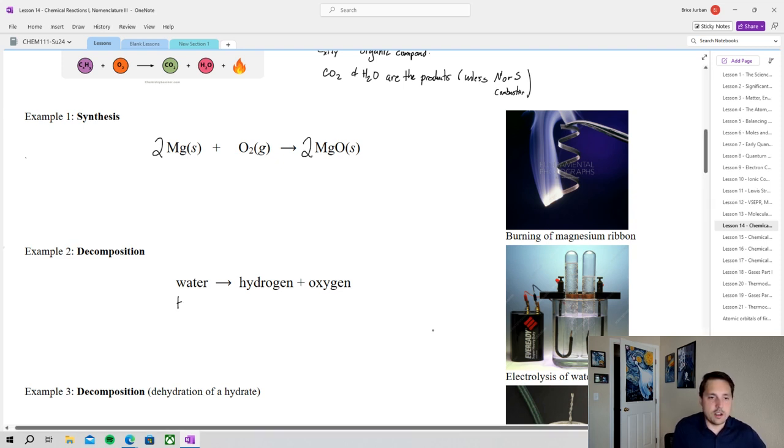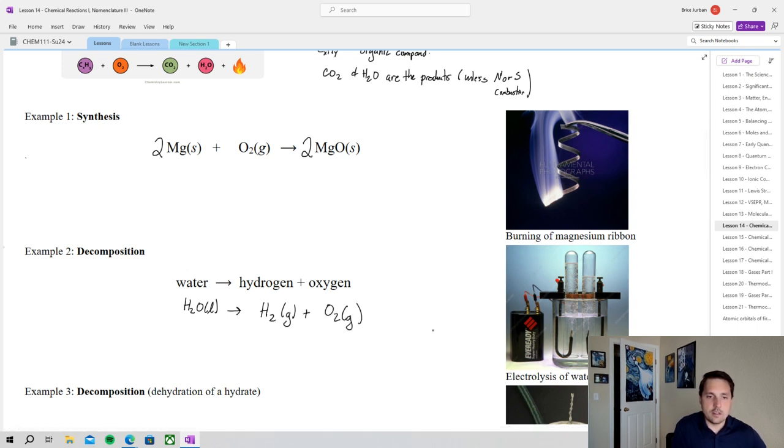So when I write this, in the elemental form, we'll have water break down into hydrogen gas, which is H2, and oxygen gas, which is O2. Let's go ahead and write the states of matter for all of these today. So water is a liquid at room temperature, and then hydrogen is going to be a gas at room temperature, and so is oxygen.